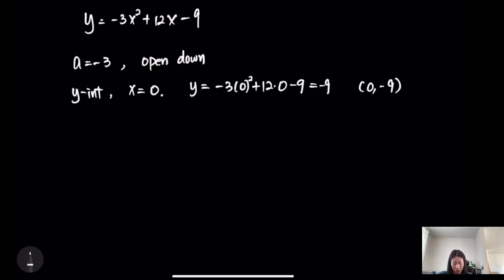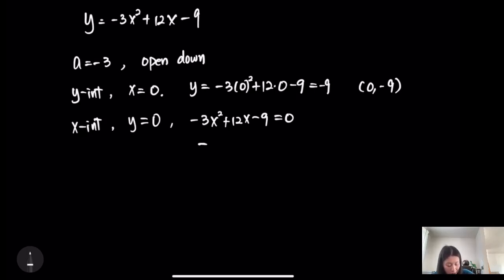Now the next part is I need to find the x-intercept. The x-intercept is when y equals 0. By doing that, I need to set the equation equal to 0. Now how do I solve that? I can solve it by factoring. Let's find the greatest common factor first, which is -3. I factor this out.